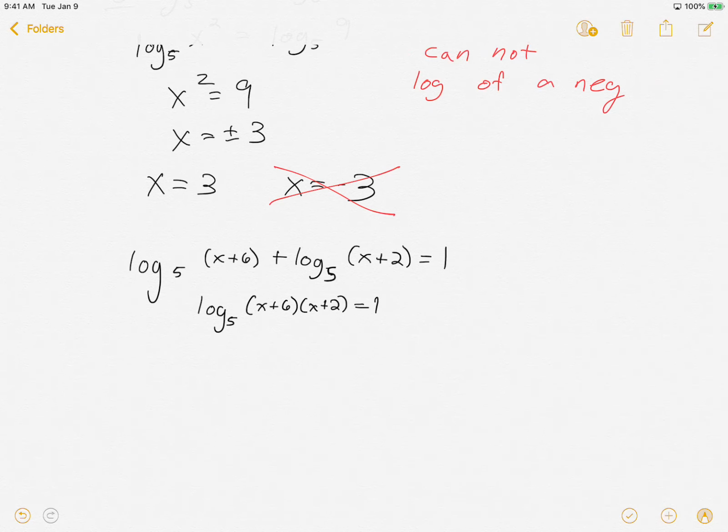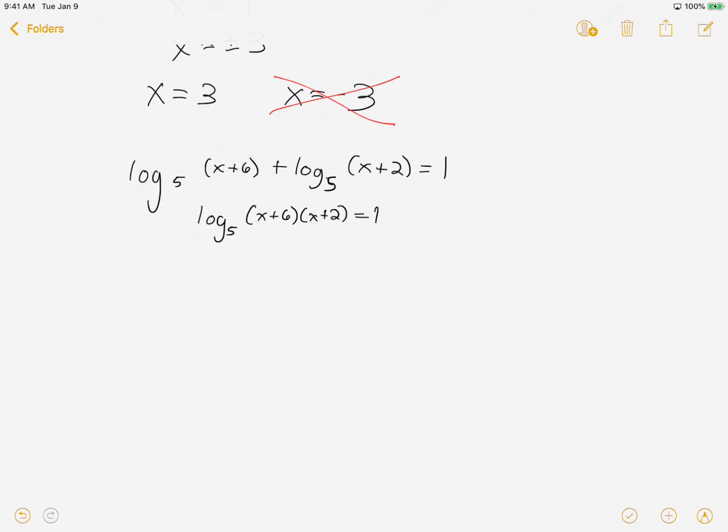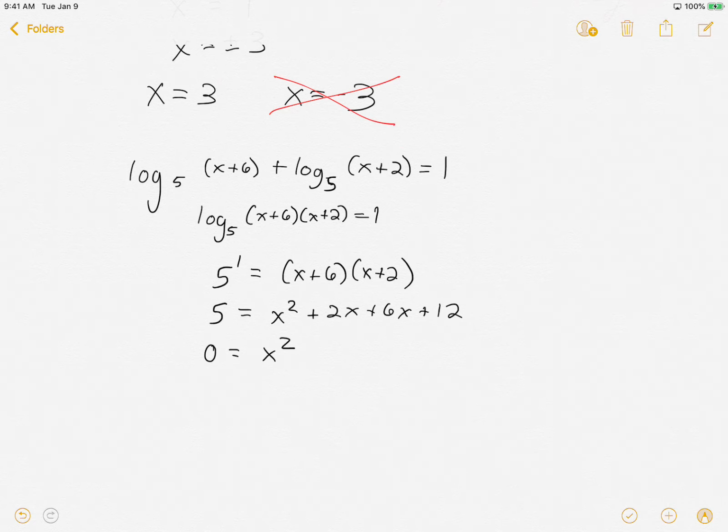Now that it's a single log, I can rewrite this guy as an exponential. 5 to the first power equals x plus 6 times x plus 2. This is 5. Multiply this out, x squared plus 2x plus 6x plus 12. And if I subtract 5 from both sides, this 2x and 6x becomes 8x, and then 12 minus 5 is 7.